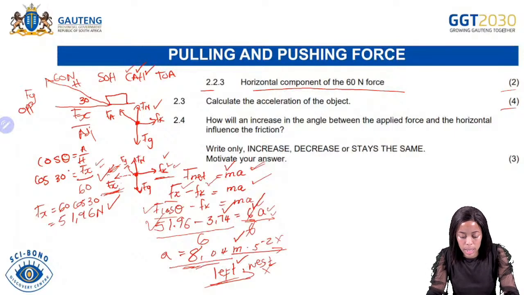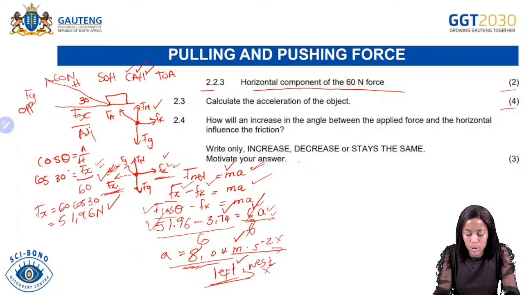Then it says 2.4, how will an increase in the angle between the applied force and the horizontal influence the friction? Write only increase, decrease, or stays the same, and then motivate your answer. That is for 3 marks. So for this one, you need to go back to the formula of friction, which is Fk is equal to mu k multiplied by the normal force.